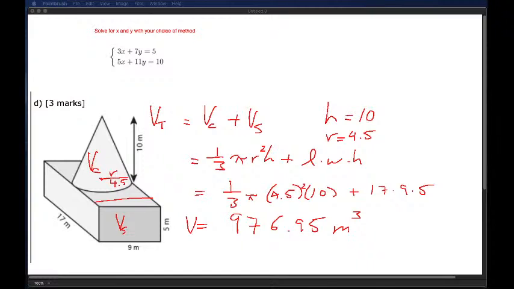Did I use 10 as the height? Oh, it's the height of the cone, Luna. The height from the top all the way to the middle down here is 10. That's the height of the cone, so that's why I used height here. The formula is 1/3 pi r squared times height.